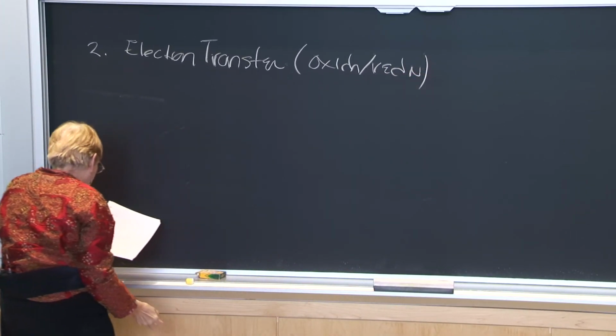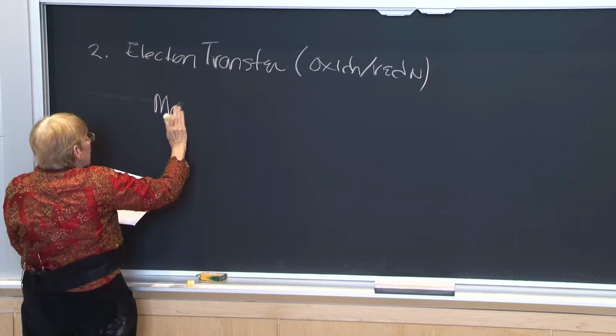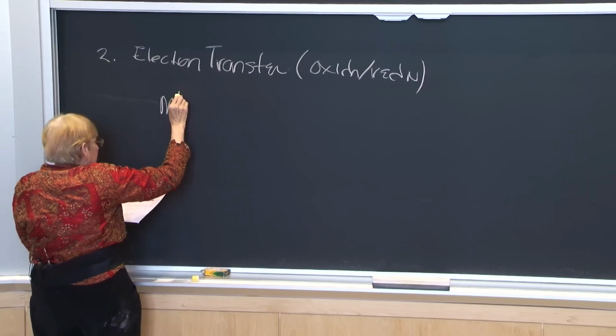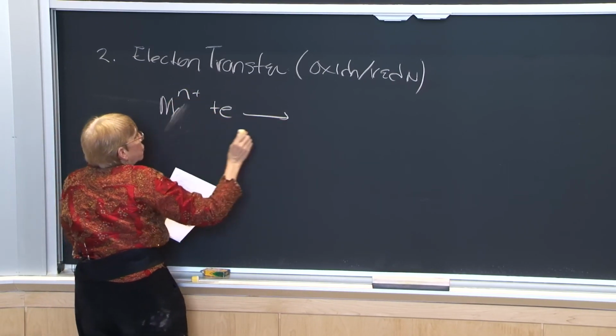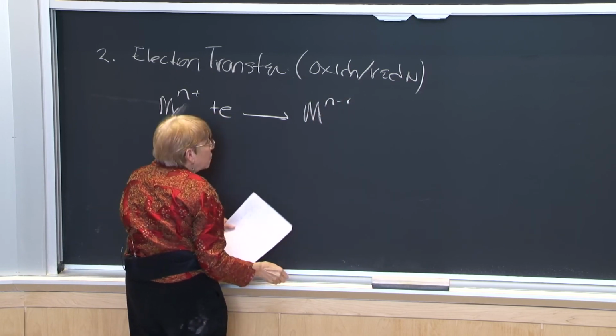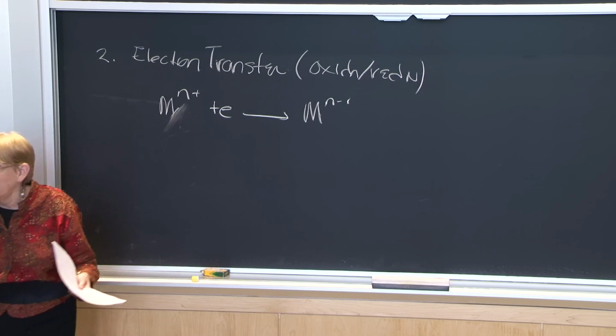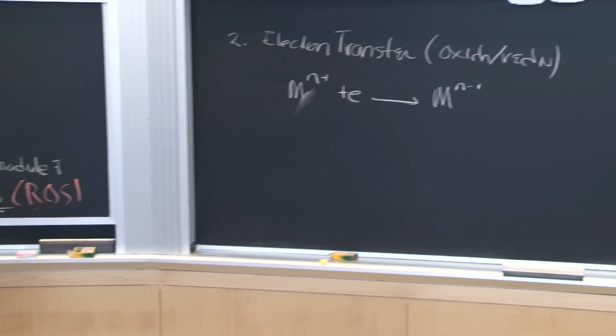And clearly you've seen oxidation reduction. If we have some metal M in the N+ state and we add an electron, it gets reduced, so we get to the reduced state. Remember, we need two half reactions. Something gets reduced, something else has to get oxidized.